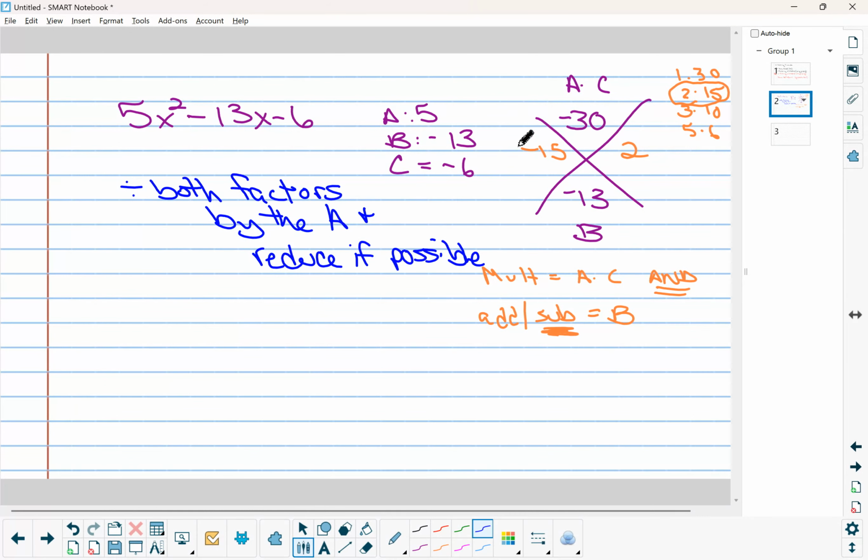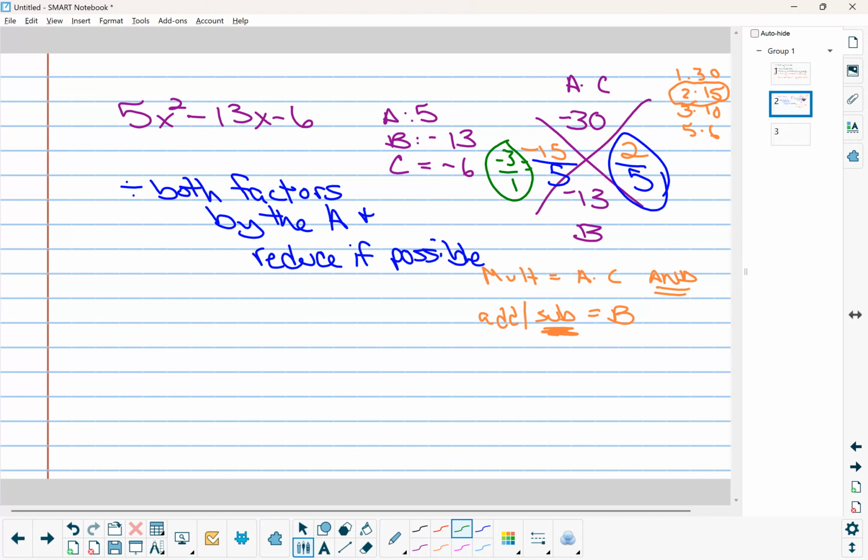Well, our a is 5, so I'm going to divide this by 5 and divide this by 5. This right-hand side here, 2 over 5, that's not reducible, so I'm just going to circle that. And this other side, I can reduce. Negative 15 over 5 is negative 3 over 1, and I'm going to leave that one.